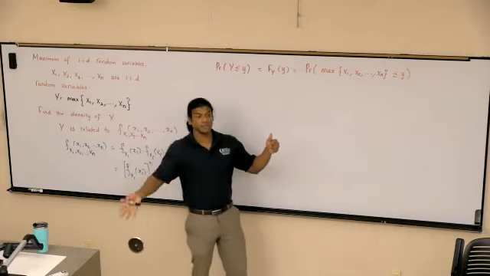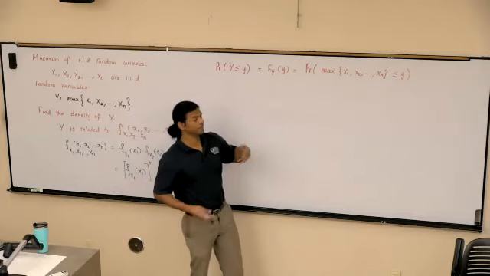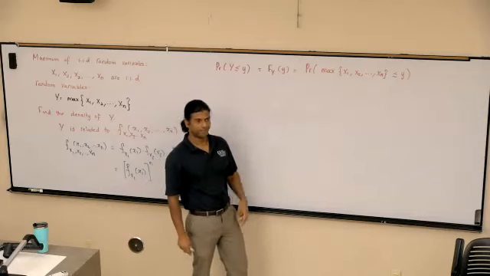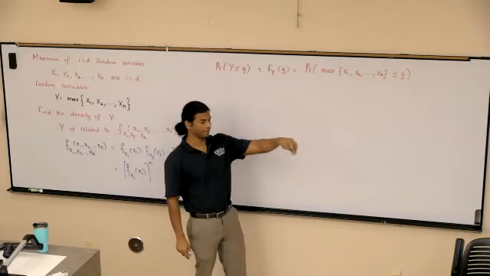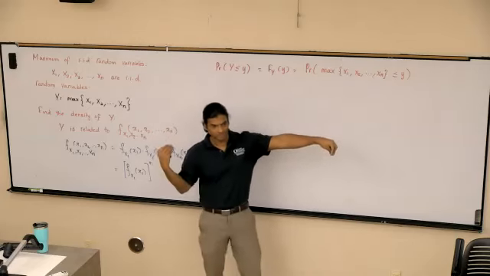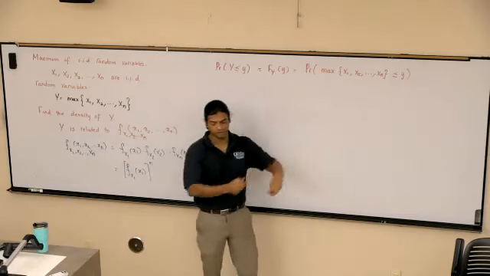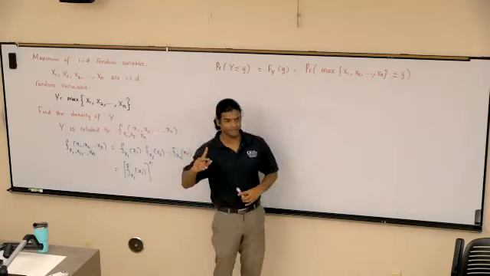They all have to be less than x5. So it's an implied statement. If I pick one of them to be less than or equal to y, everything would be less than or equal to y. It doesn't matter which one, because they're all i.i.d.